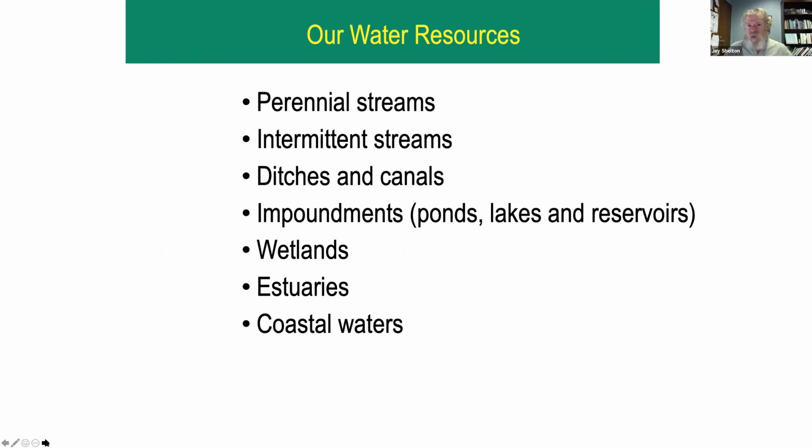On the broad scope, our water resources, of course, include very small perennial streams and intermittent streams, and even ditches and canals, and also ponds, impoundments on the landscape. But at a larger scale, we would pull in wetlands and estuaries and even coastal waters, just depending on where you are.